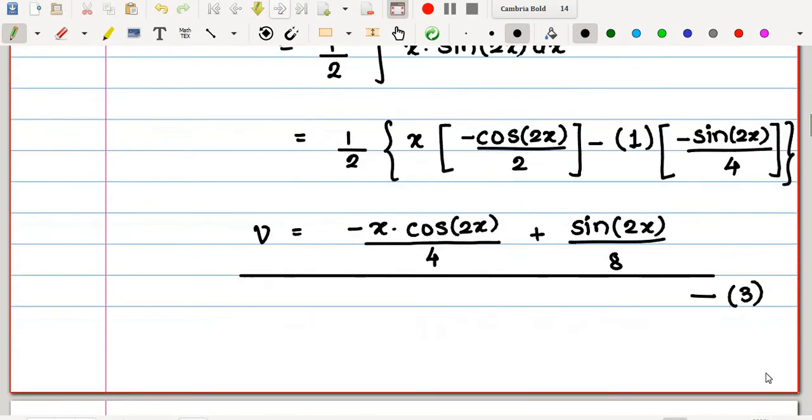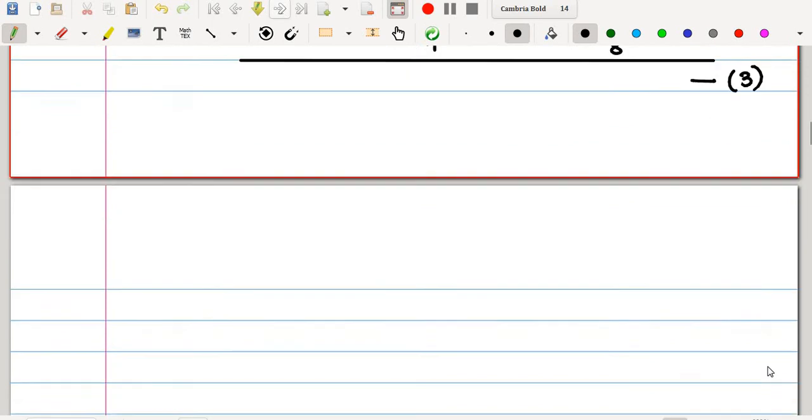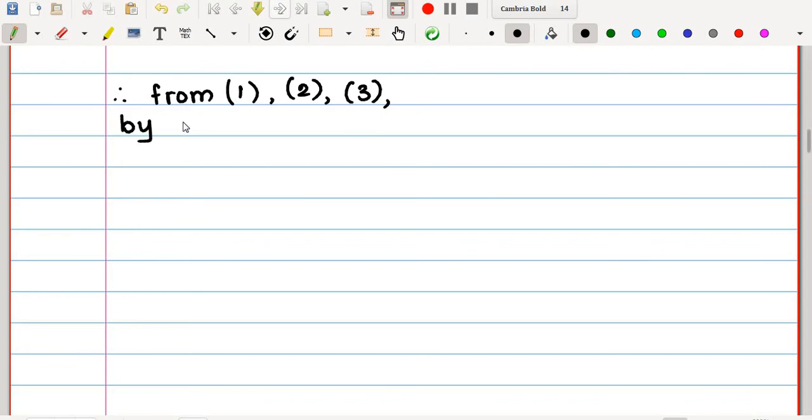So u and v are known. Therefore, from equations 1, 2 and 3, and by using variation of parameters method, the required value for particular integral is u into y1 plus v into y2.